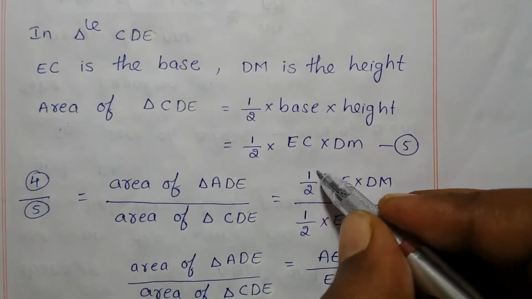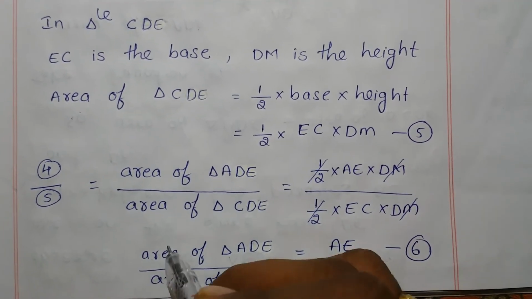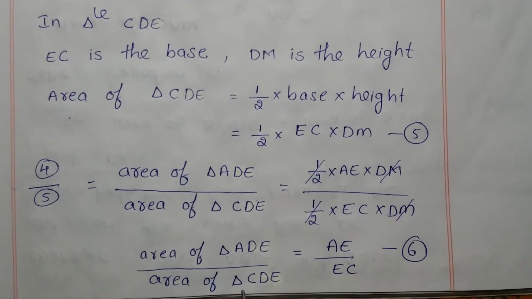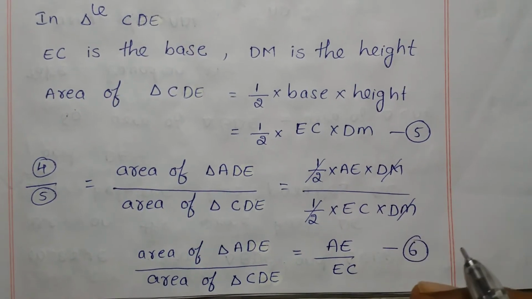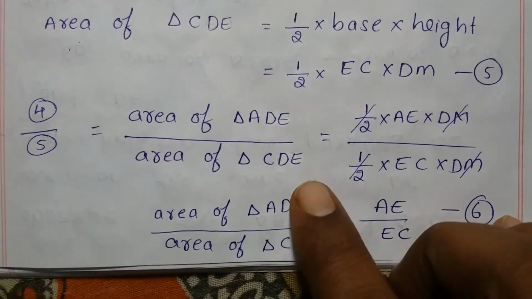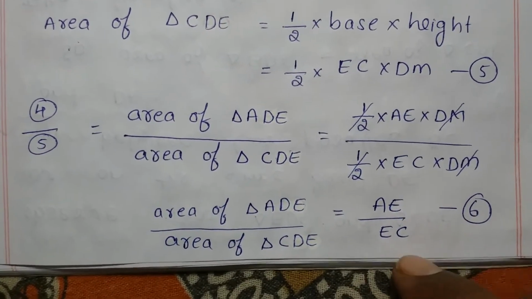In the next step 1 by 2 cancels, DM cancels, remaining is area of triangle ADE by area of triangle CDE is equal to AE by EC. Let it be equation number 6.